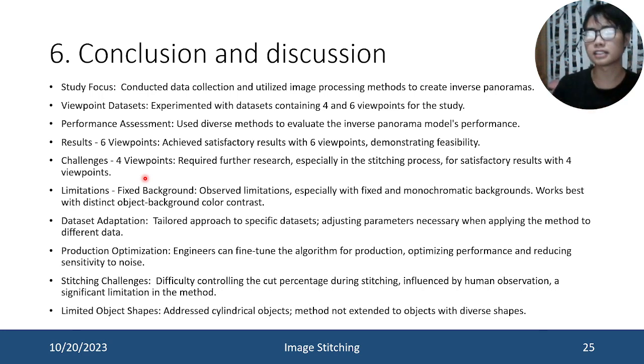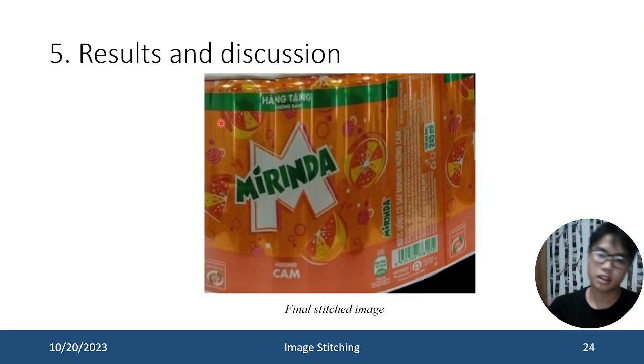The challenge in our project is stitching. There are difficulties controlling the cut percentage during stitching, which is influenced by human observation, a significant limitation in our method. Here we got this perfect image, but we need to cut the image ourselves, by our own view, personally cutting.